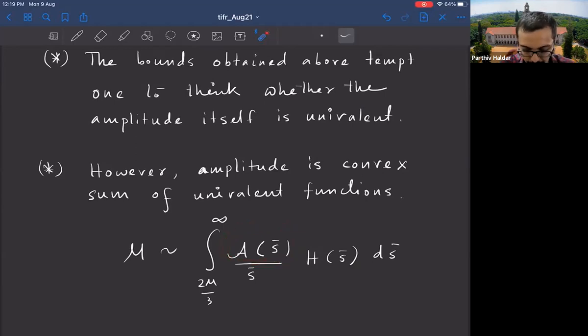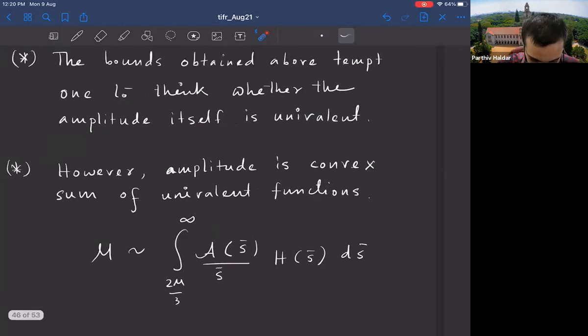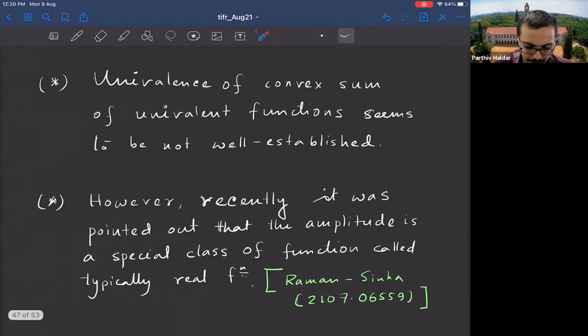So essentially, it's a convex sum of univalent functions. Unfortunately, it is not known to us right now what firm statements can be made about the status of univalence for a convex sum of univalent functions. So it's not well established.